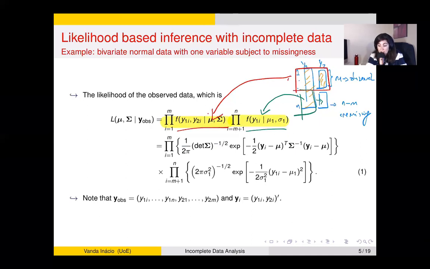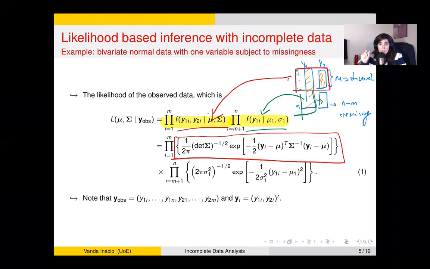For the first part I use what I have in a previous slide, the density of the bivariate normal distribution, and the properties of the bivariate normal distribution say that the marginals follow a normal distribution.